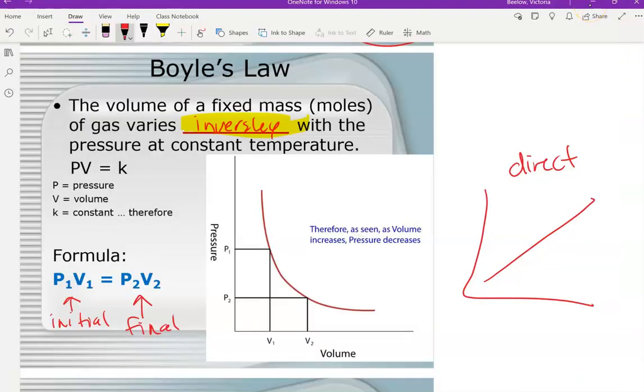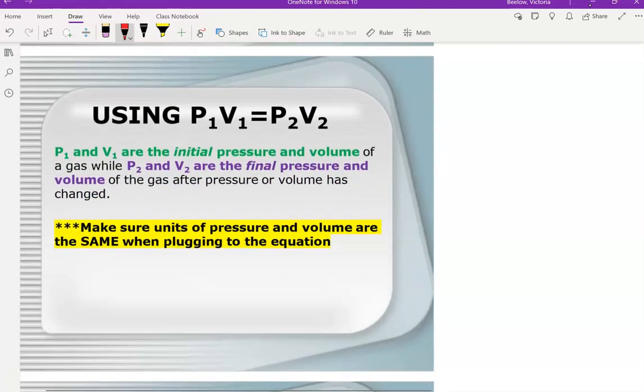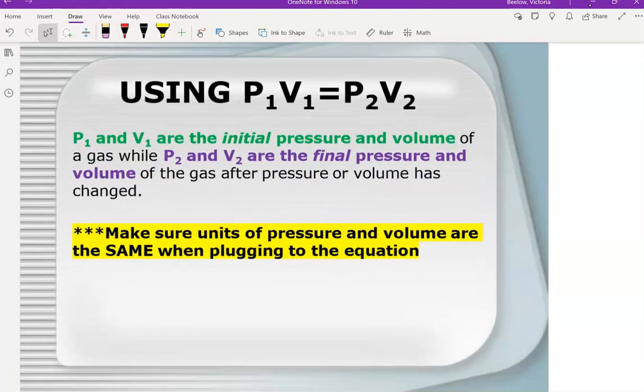So that's all that means. It's a before and after of some type of change in the situation. For this situation, we're not changing the temperature, that's being kept constant. The thing that we're going to be changing is the volume, most likely. All right, so now let's do some calculations, some practice math problems.